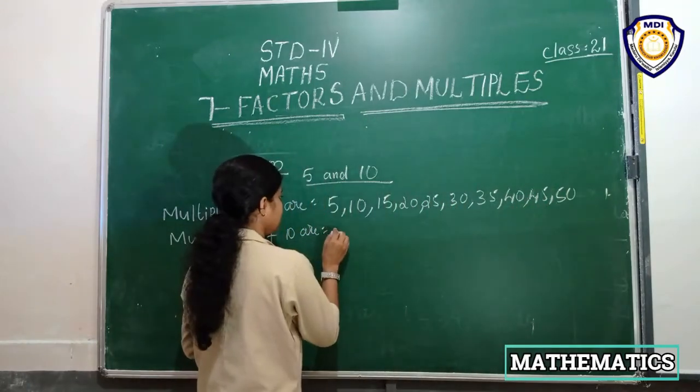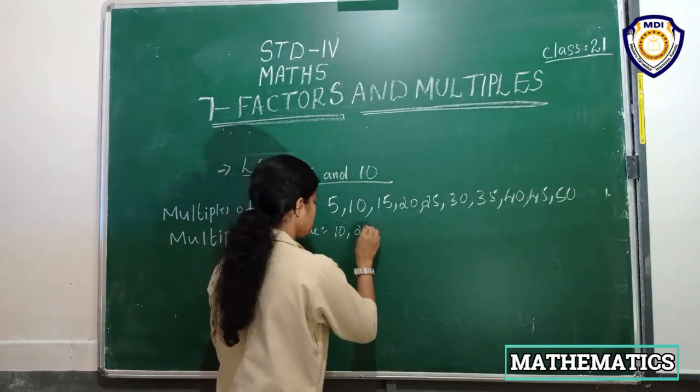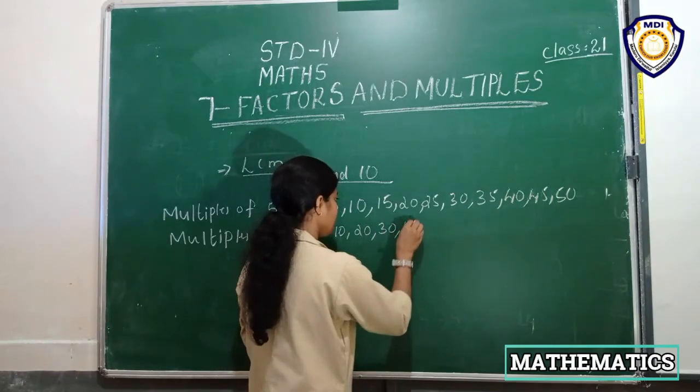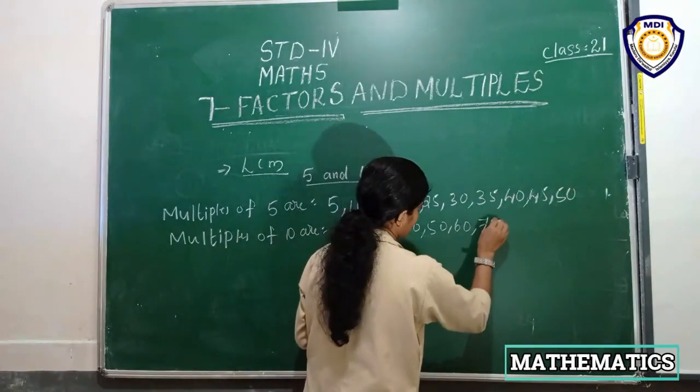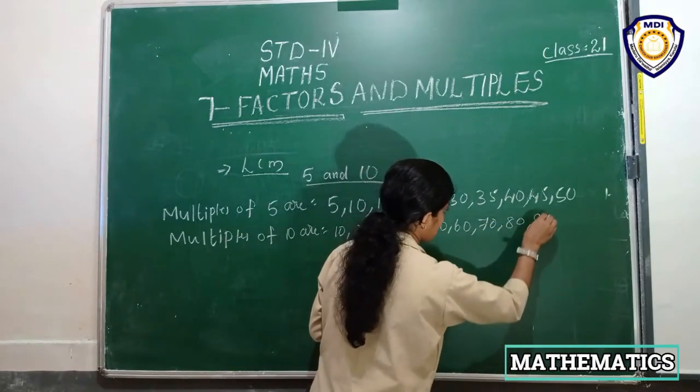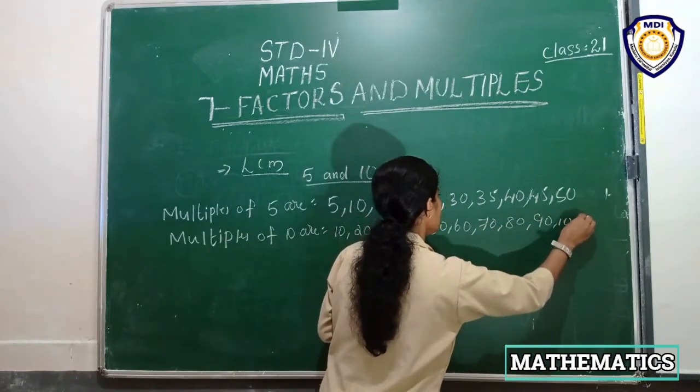Multiples of 10: 10, 20, 30, 40, 50, 60, 70, 80, 90 and 100.